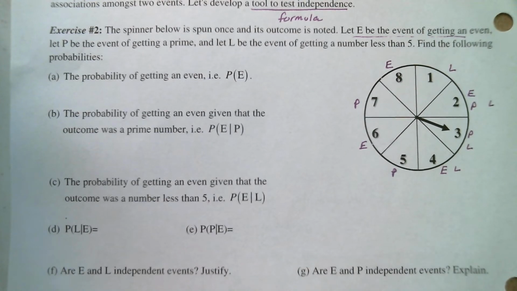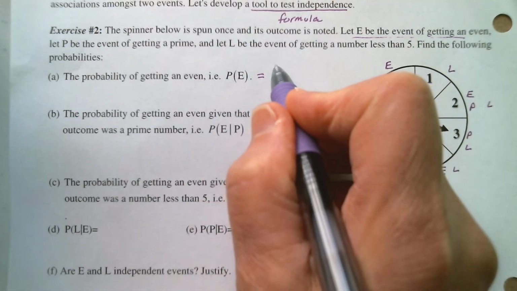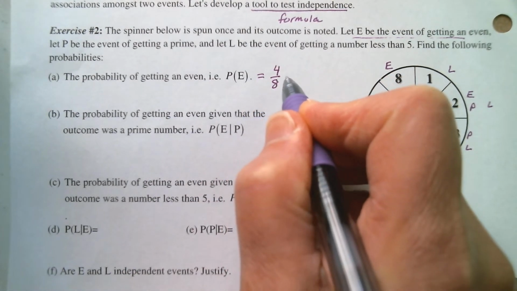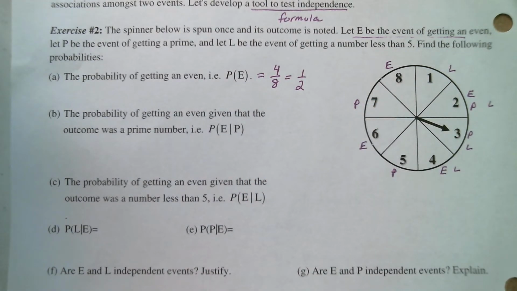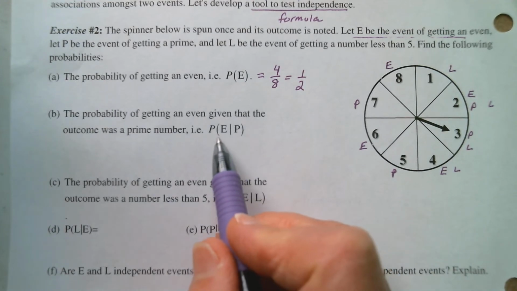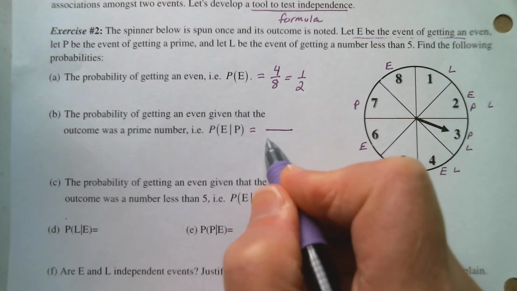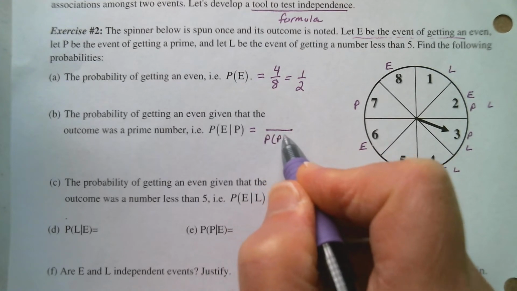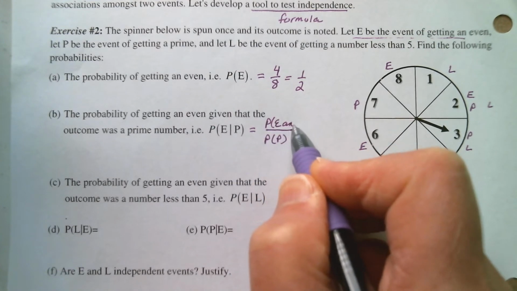Find the following probabilities. A, the probability of getting an even. There's 4 out of the total of 8 possible outcomes, or 1/2. The probability of getting an even given that the outcome was a prime number. Well, probability of even given prime, we know the denominator is going to be the probability of getting prime, and the numerator is probability of even and prime.